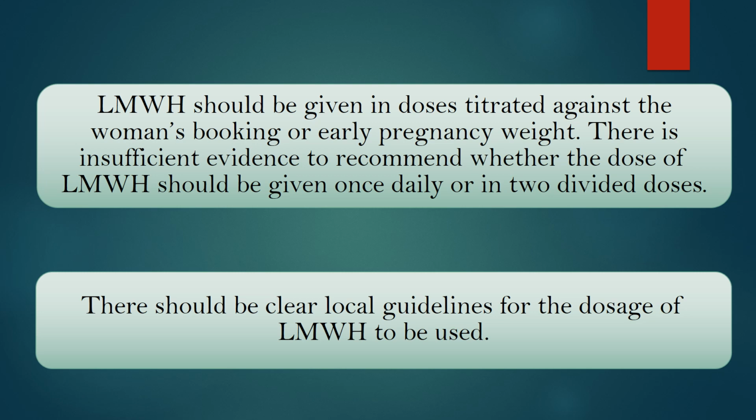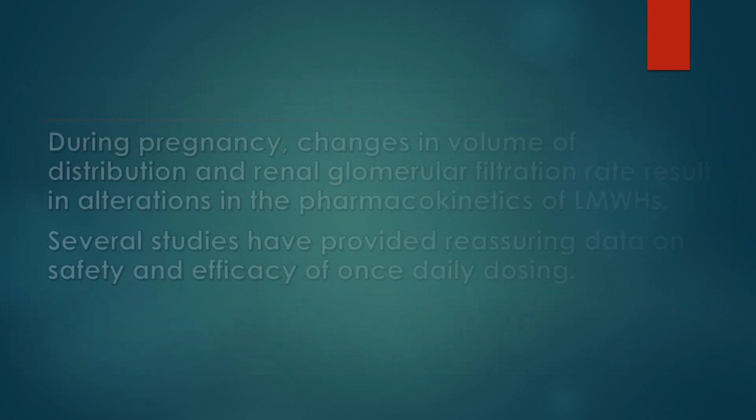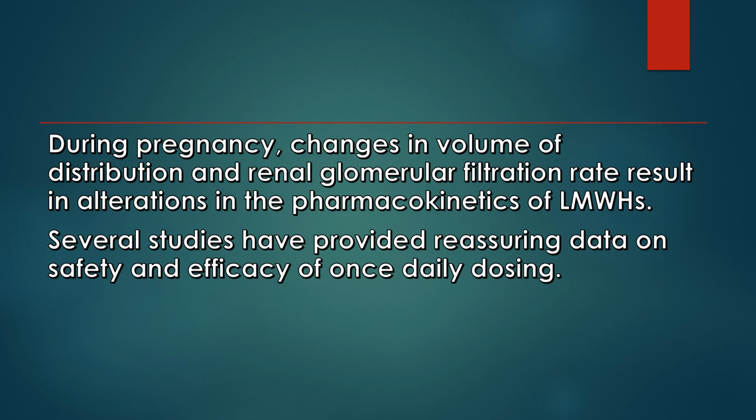There should be clear local guidelines for the dosage of low molecular weight heparin to be used. During pregnancy, changes in volume of distribution and renal glomerular filtration rate result in alterations in the pharmacokinetics of low molecular weight heparins. Several studies have provided reassuring data on safety and efficacy of once-a-daily dosing.